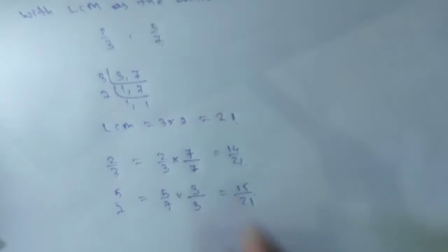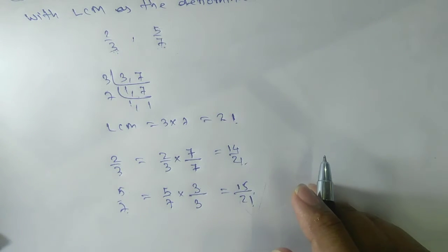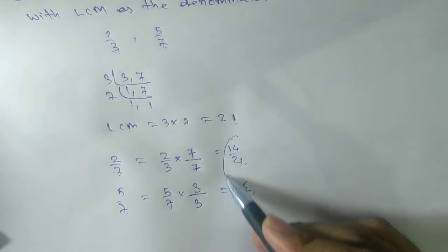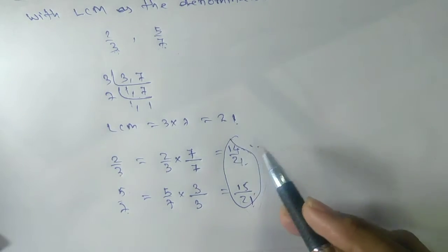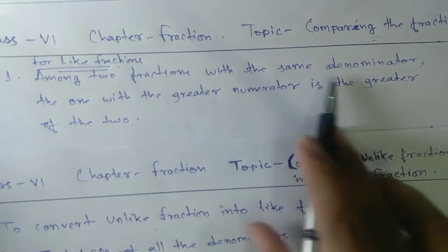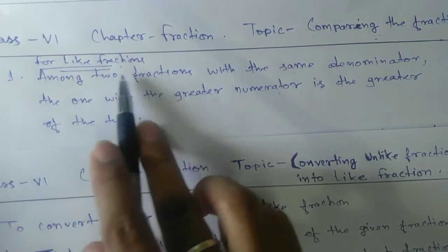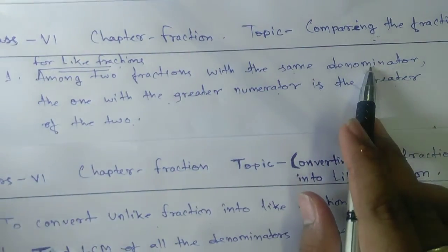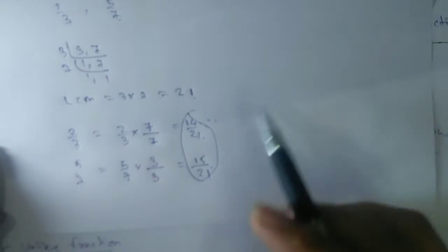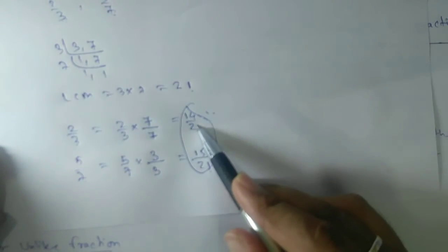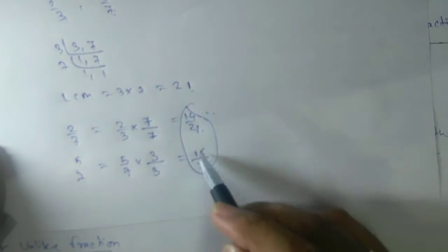Now, what you can see is that after getting like fractions, this becomes your rule number 1: among two fractions with the same denominator, you can see that the denominators are the same. Now you need to check which is bigger.